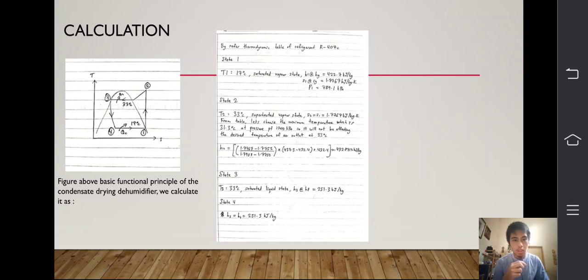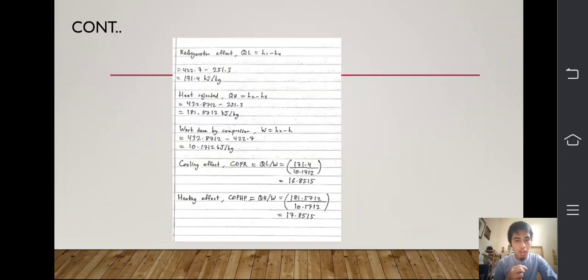We calculated it by referring to the thermodynamics table of refrigerant R407C. There are 4 states, and then we continue with the refrigeration effect, QL.